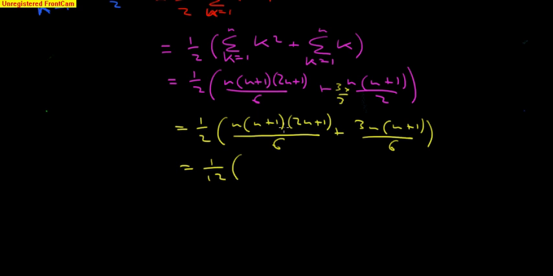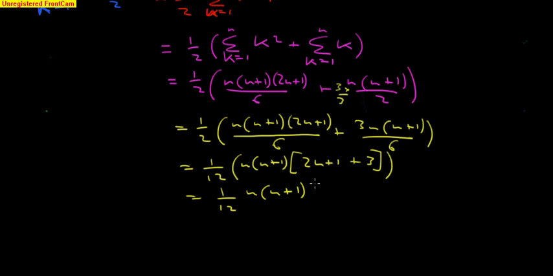Inside the bracket we look for what's common. What's common is n times n plus 1. Left behind is 2n plus 1 and just the 3. Nearly there. 1 over 12 times n times n plus 1 times 2n plus 4.